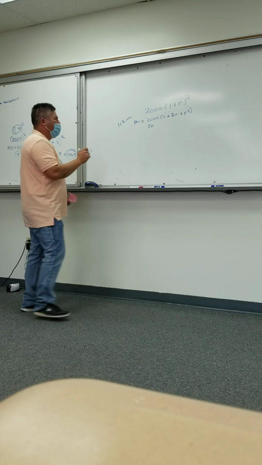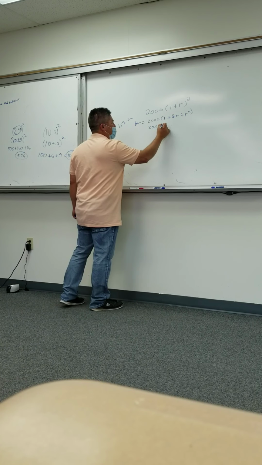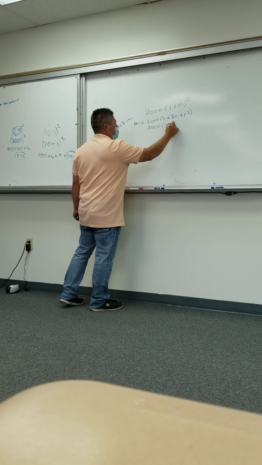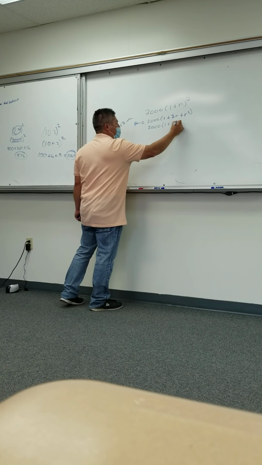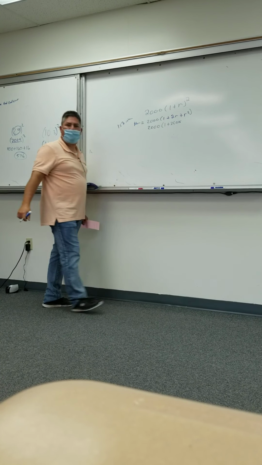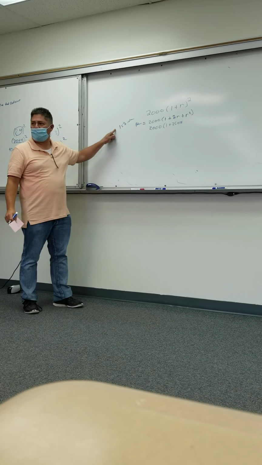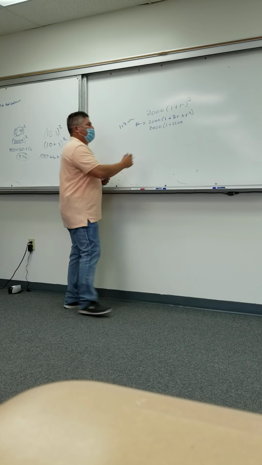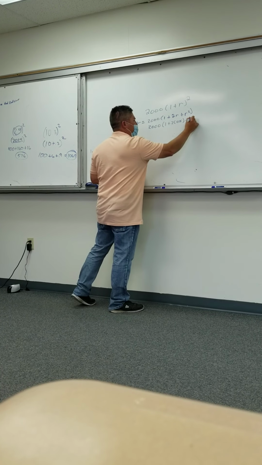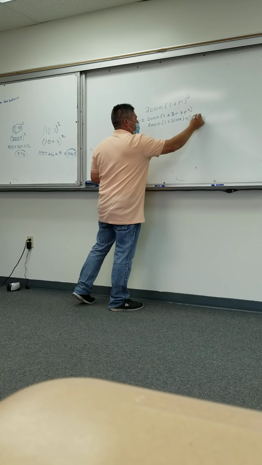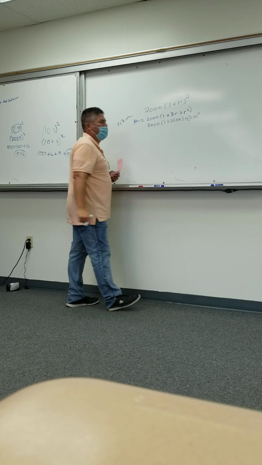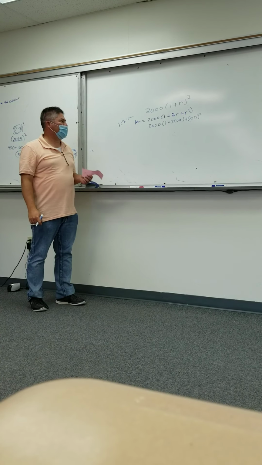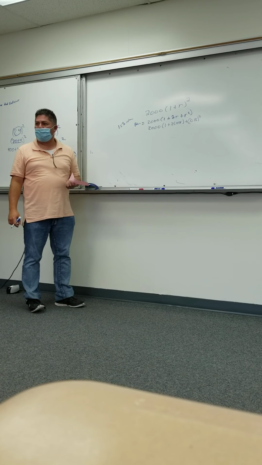So it's actually 0.015. This is 1 plus 2 times 0.015. You see how I moved it 2 places to the left? Plus 0.015 squared is my answer. This is how much money I'm going to have after 2 years.